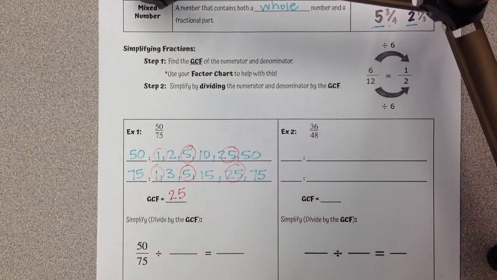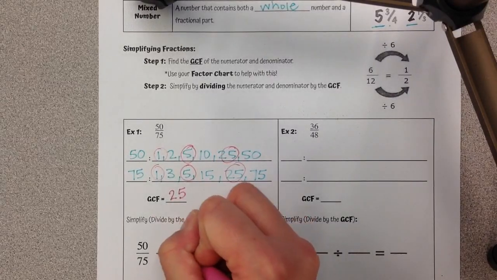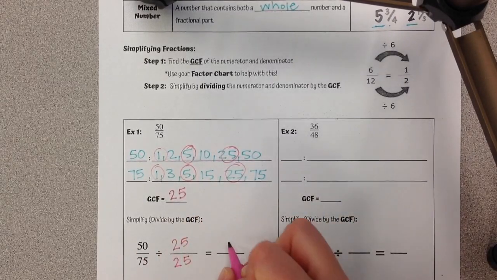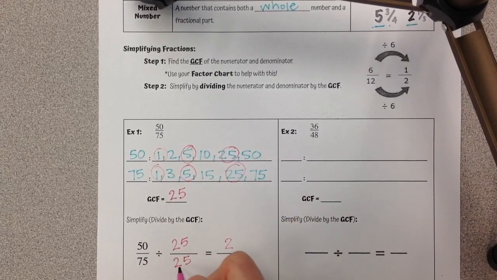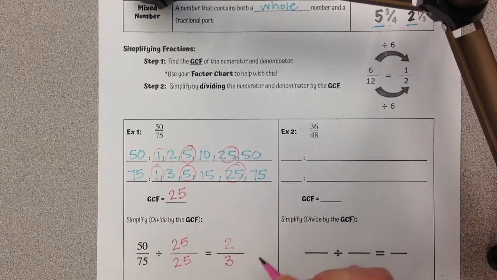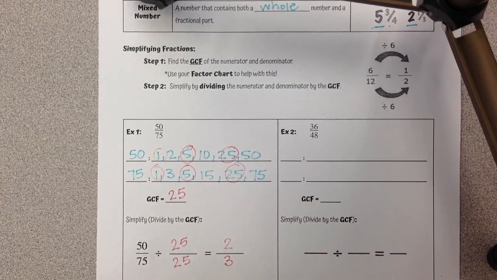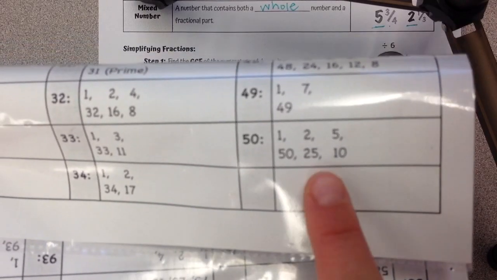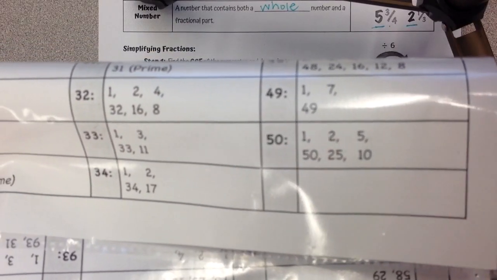So just like in this example up here, now I'm going to divide both the numerator and the denominator by that GCF. Okay, so I'm going to divide each by 25. So 50 divided by 25 is 2, and 75 divided by 25 is 3. You are welcome to use your multiplication chart to help you with division if you want, but another trick you can use: if I were looking at 50 over here, and I wanted to know what 50 divided by 25 is, it's just going to be the number that's right on top of 25.